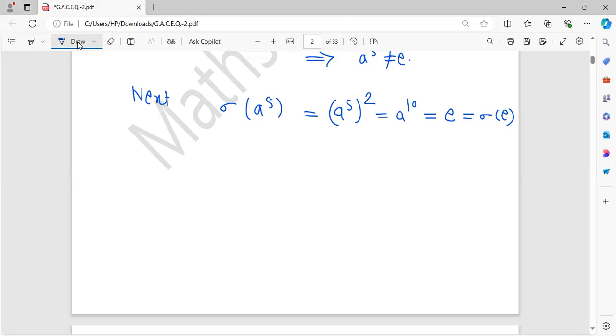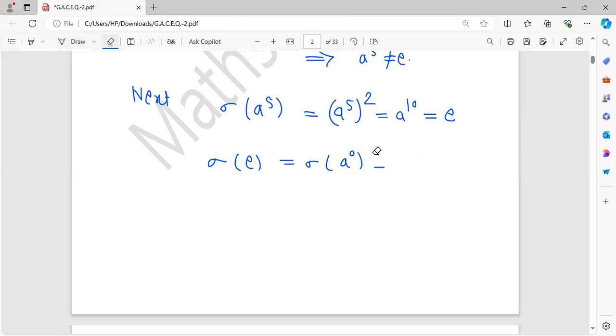Because sigma, what is sigma of e? How can we write e? e can be written as a to the power 0, which means e. So this is a to the power 0 squared, or you can write it directly here.